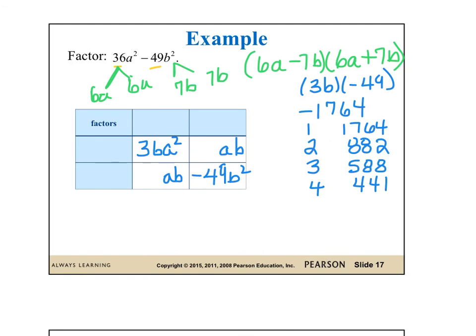I'll just tell you that up front because it doesn't end in 5. 6 and 294. 7 and 252.